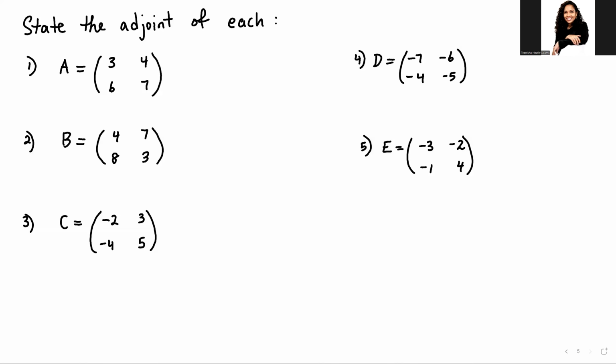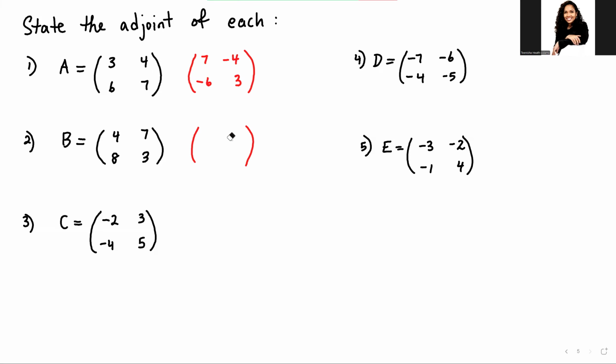Right, so the adjoint for A, you swap 3 and 7, so that would be 7, 3, and then you change the sign of the remaining two, so -4 and -6. The adjoint for B, you swap the first and last terms.